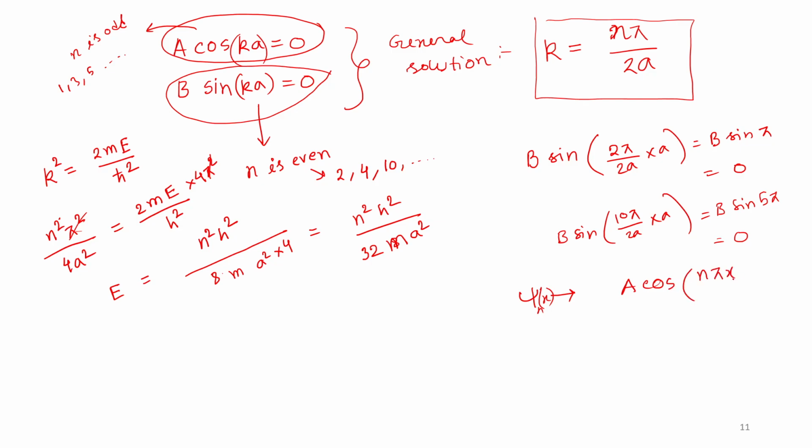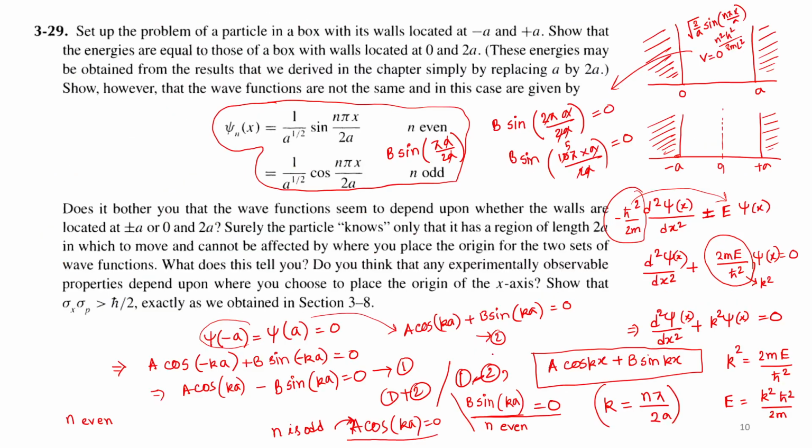And b sine n pi x by 2a, because your solutions were a cos kx plus b sine kx, right?